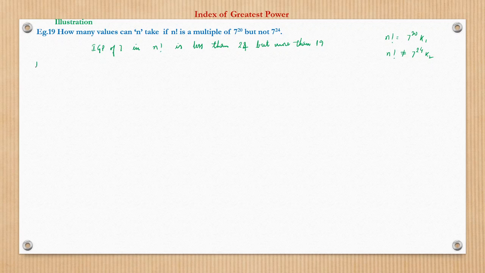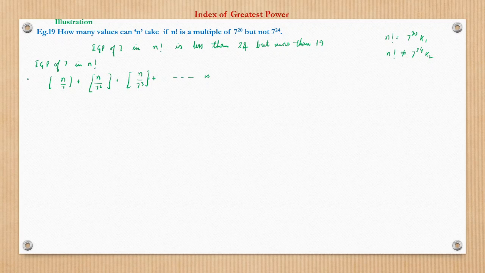So now IGP of 7 in n factorial will be given by what? That is nothing but n by 7 plus n by 7 square plus n by 7 cube, and so on till infinity.